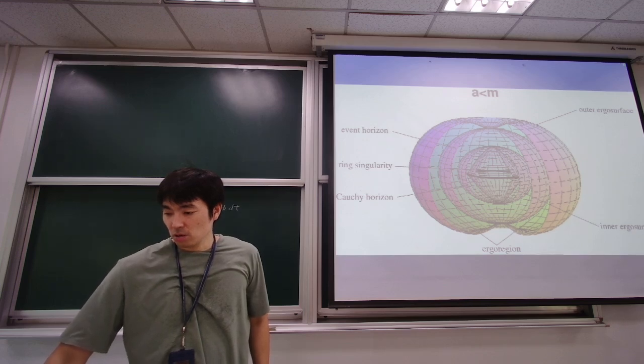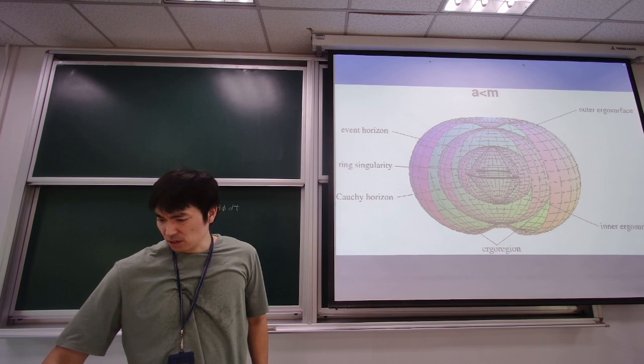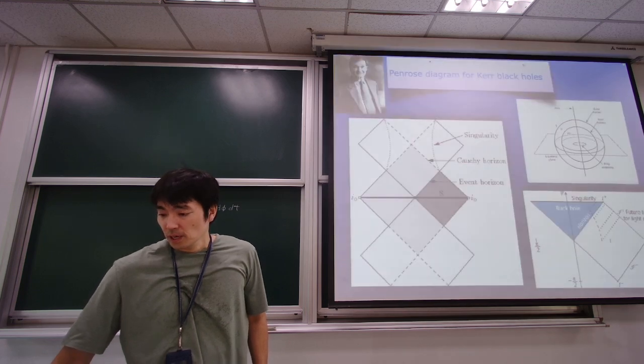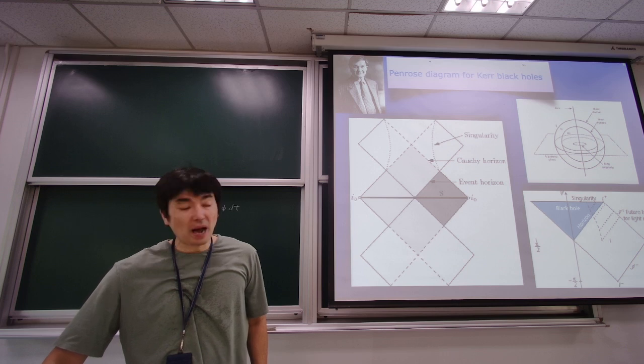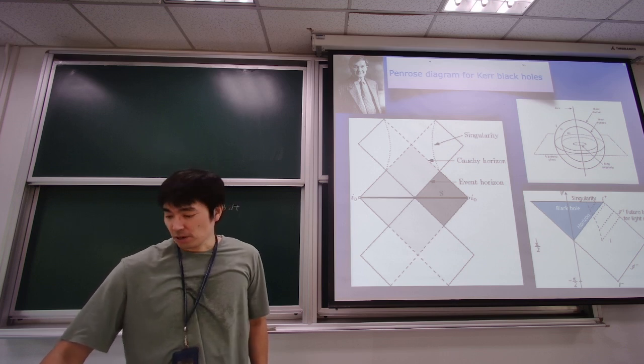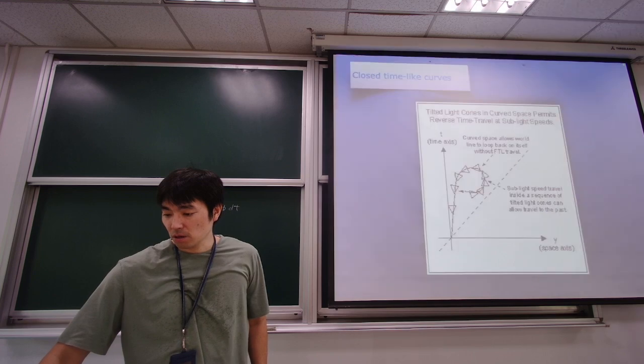Okay, when a is equal to M, this is the physical one. And this is the Penrose diagram for the Kerr black hole. For the maximally extended one, or eternal Kerr black hole, it is like this.